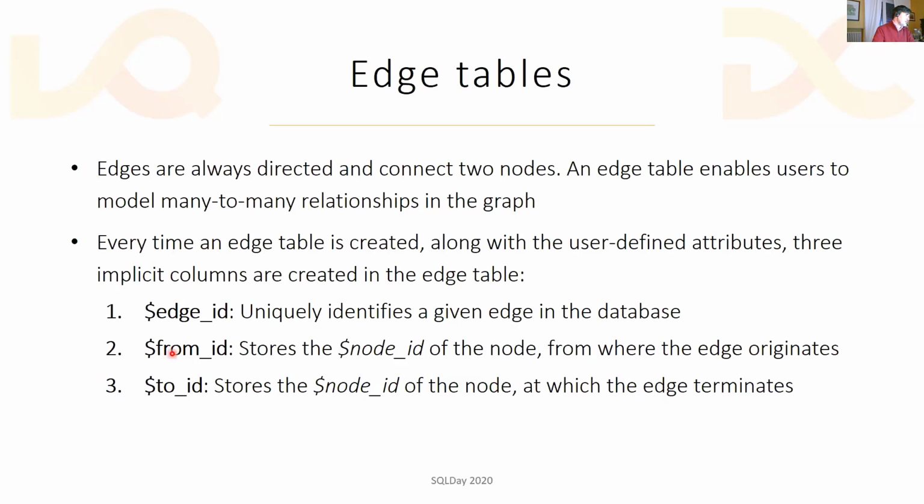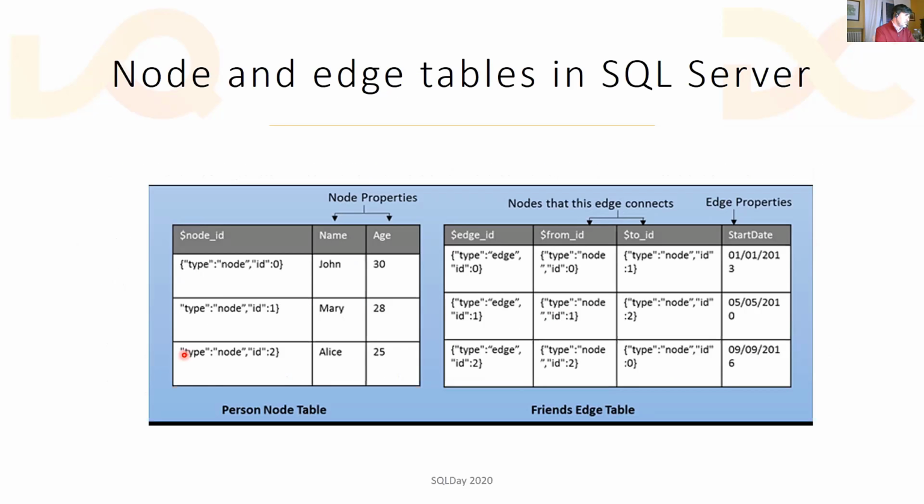By default, all these columns are populated by the database, and this is essential in order to create proper relationships between nodes. So this is how it works.